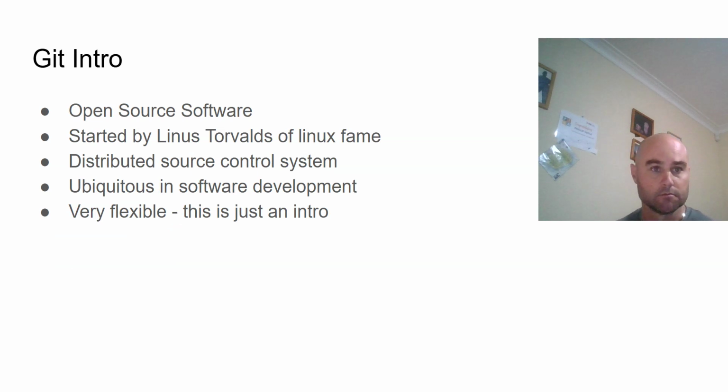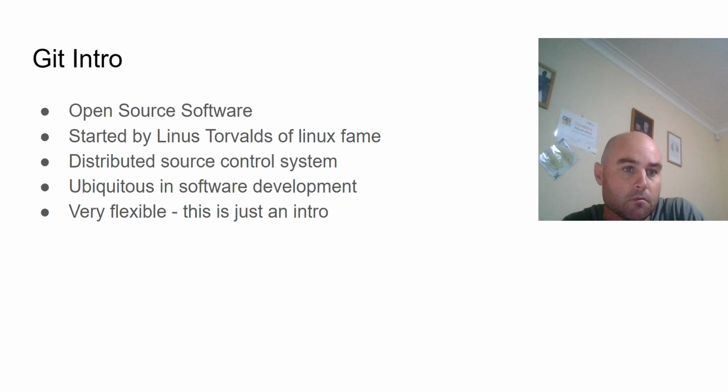So Git is open source software. It was started by Linus Torvalds of Linux fame. It's one of two projects that he started, and he still maintains the first one, which is Linux, but he's handed Git off to another software developer who maintains Git.